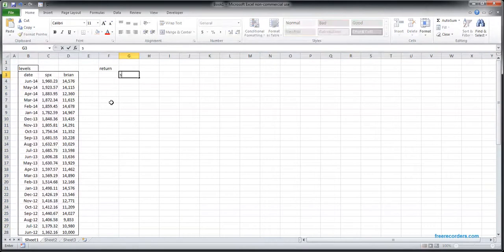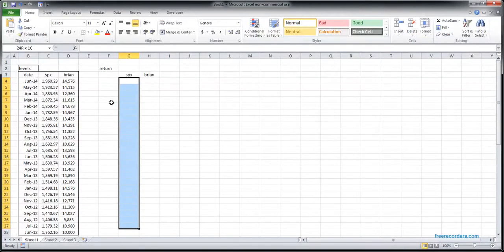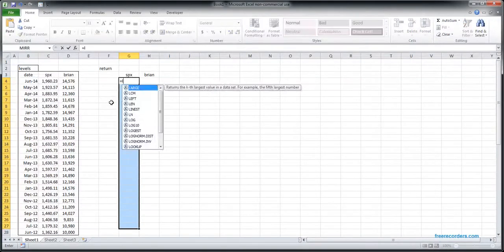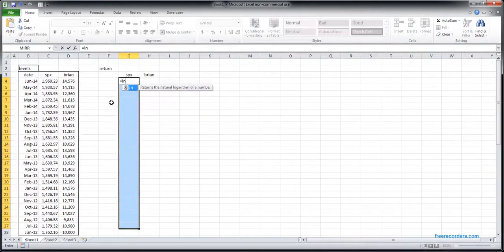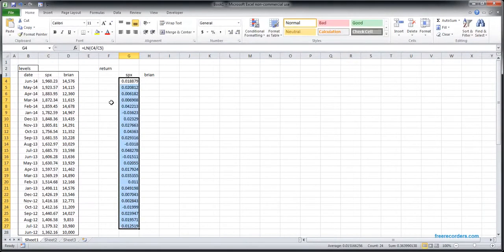Let's make sure we get our titles in here: S&P 500 and my retirement account. Let's highlight this range of 24 values, use the ln function, the natural log, and do the ending value divided by the previous value, so June compared to May. When we hit Control Enter, it shows us the natural log, or the change in value, from one month to the next for 24 months.